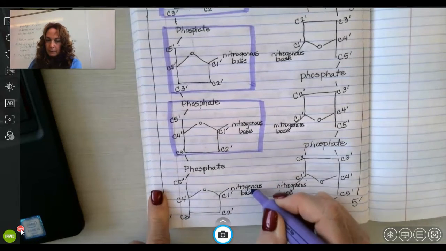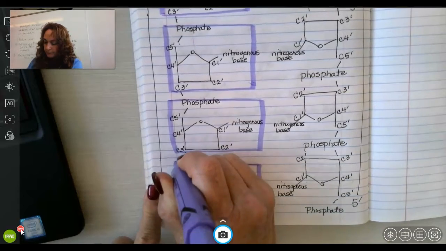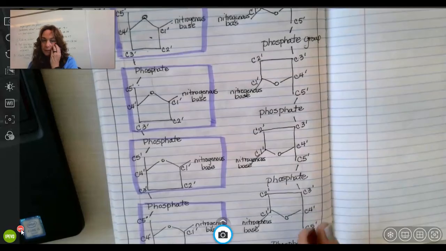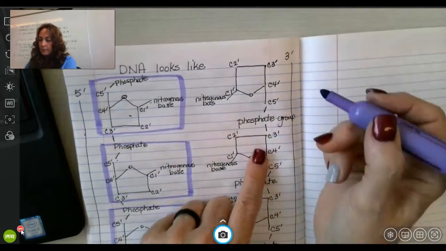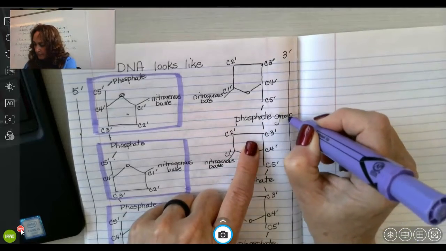Sugar, phosphate, nitrogenous base. Nucleotide. That's going to be my nucleotide. Same thing over here. Sugar, phosphate, nitrogenous base.